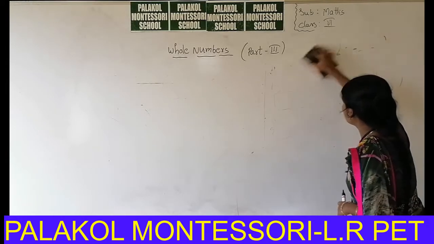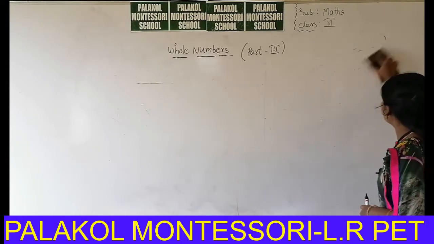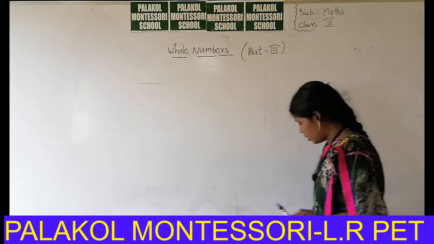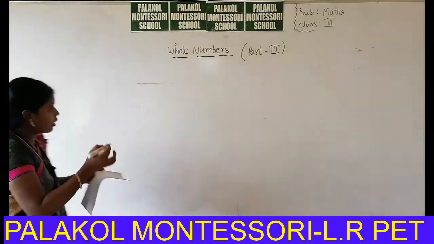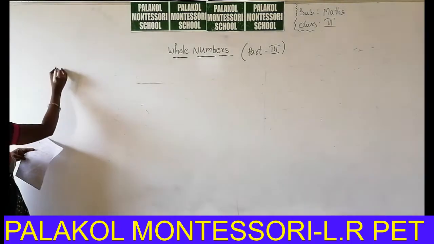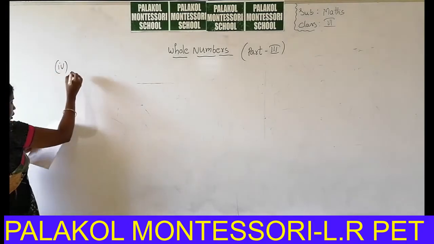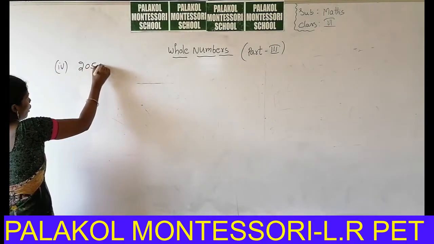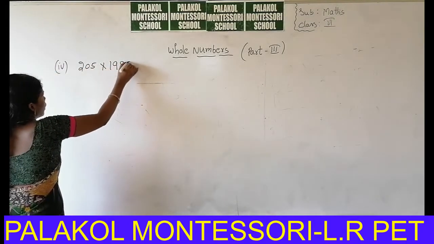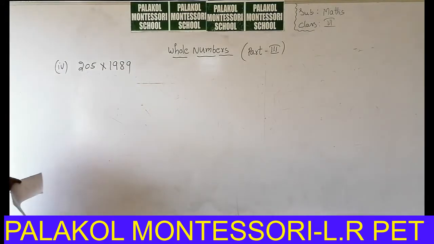So next we are going to do another sum. Fourth one, 205 into 1989.